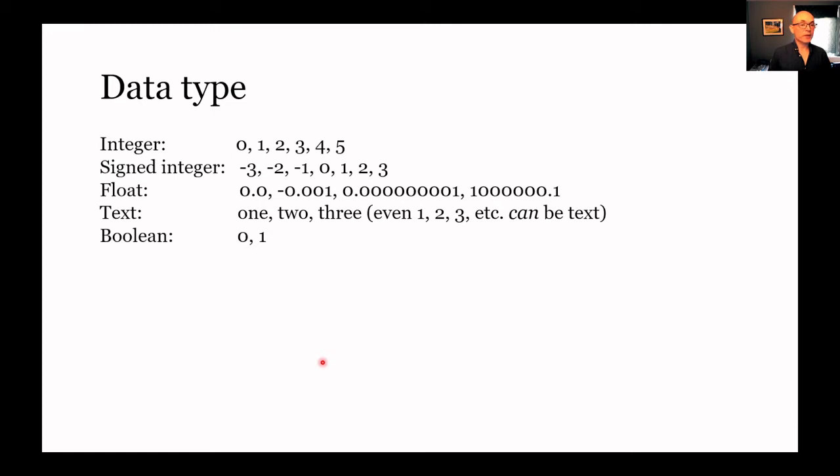Are we going to store it as an integer value, 0, 1, 2, 3, 4, 5, with nothing in between, or perhaps floating point numbers, decimal numbers, whereby we can hack up the distance between the different numbers into infinitesimally small pieces, depending on how many zeros we want to put in there. This is also limited by the storage on the computer, of course. But we have this idea of floating point numbers, where there is something in between these steps here. There's all of this information in between.